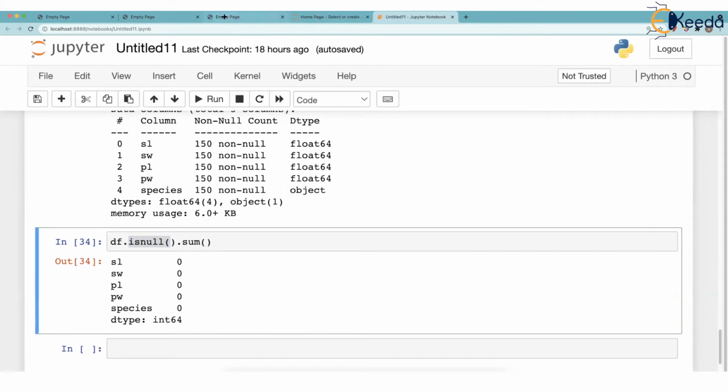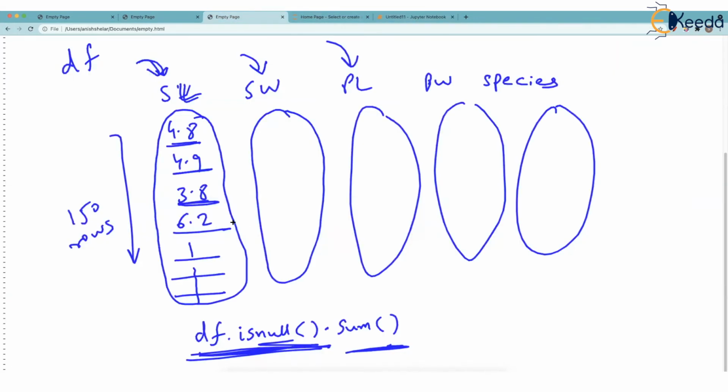Imagine some value is missing. This is NaN. So out of 150, one value is missing. So isNull will return true for this NaN, but false for all others. Only for one row in SL will it return true.